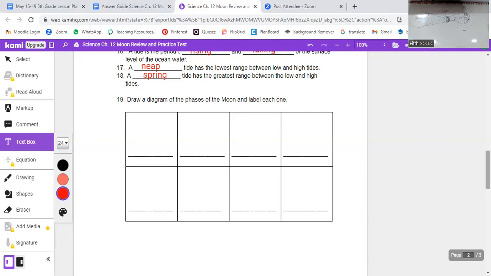To be something similar to this. Solar eclipse and this eclipse. What I'm most interested in seeing is that these are labeled and in the right order and they're shaded correctly. Okay, if you mess up on some of the lines, I'm not gonna take off a lot of points. Okay, maybe 1 point. But do your best.